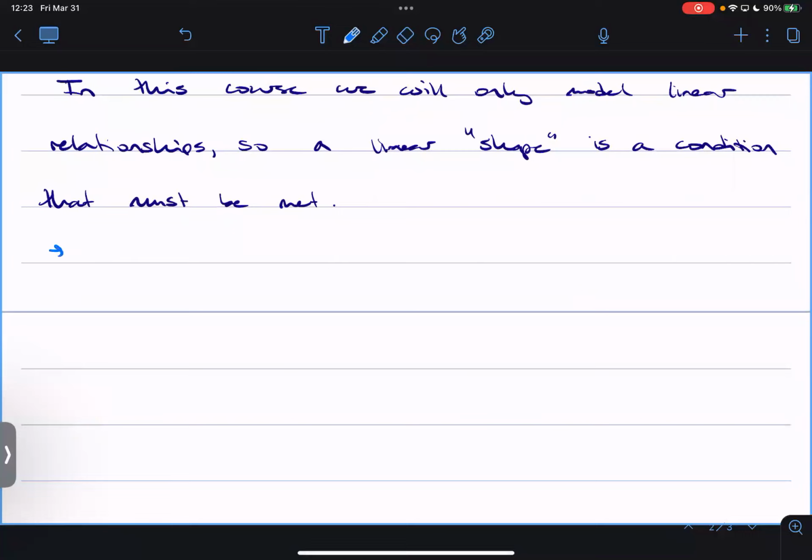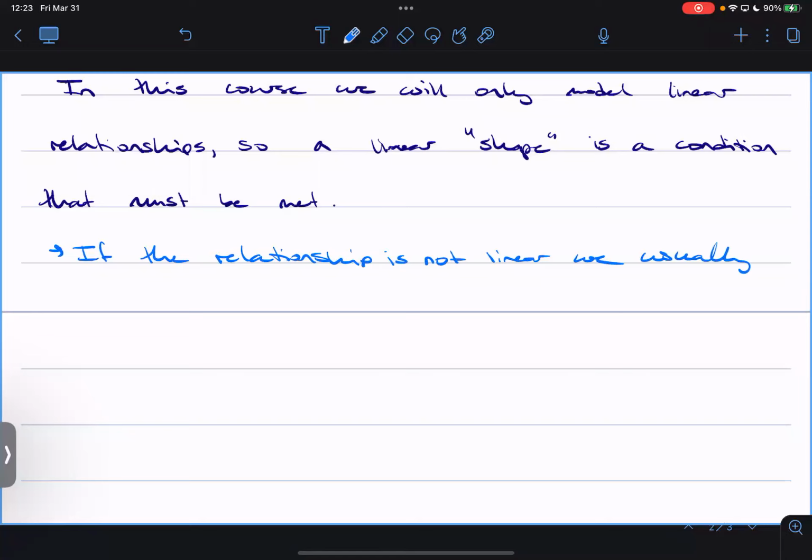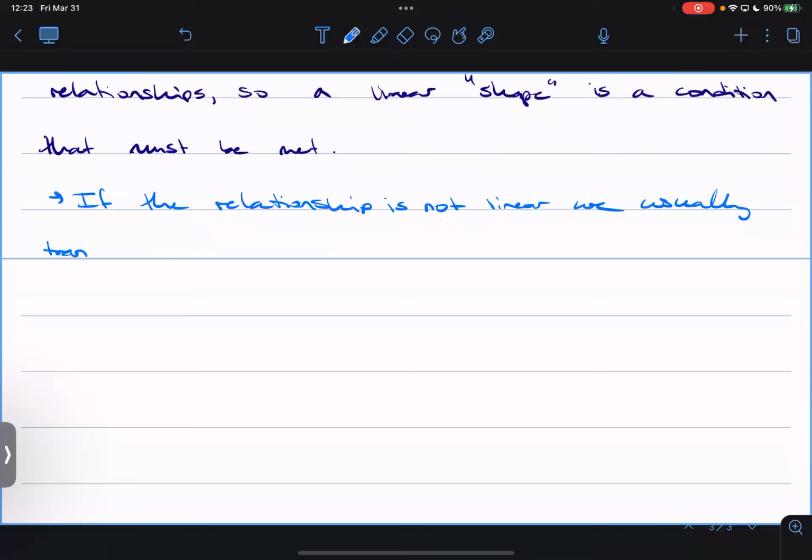So if the relationship is not linear, we usually transform, and there's lots of rules of thumb for, okay, if you see this shape, then you're going to take the log of the y, or if you see this shape, then you do 1 over x, that kind of thing. And so there are lots of rules, and just be aware that they exist, but we're not going to apply them.